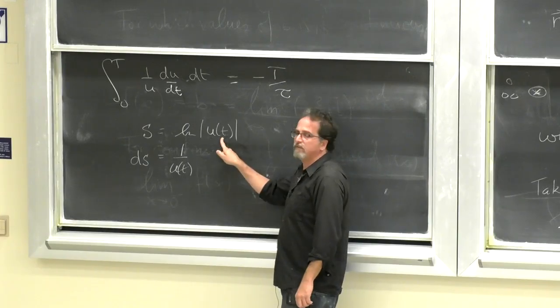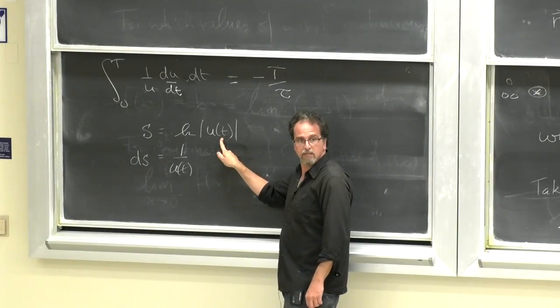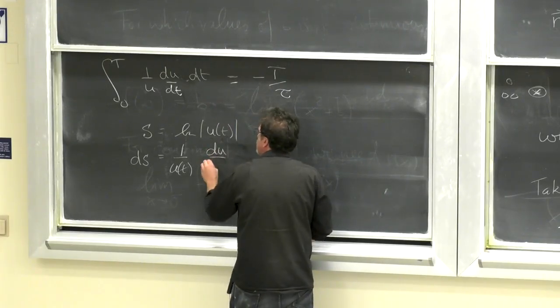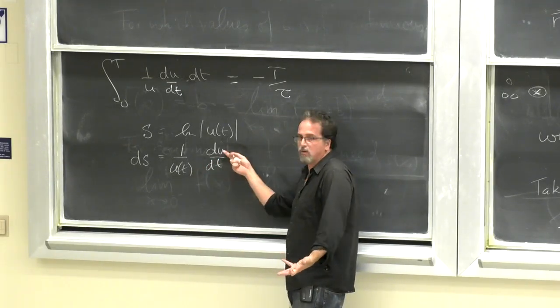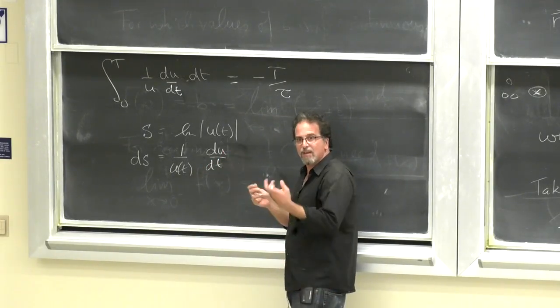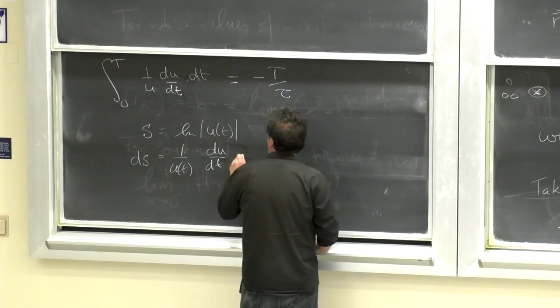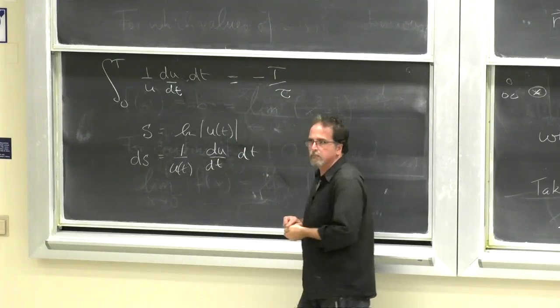Then you have to take the derivative of the inside with respect to t. Because this thing is a function of t, so it's going to be du dt. I don't know what that is, because I don't know what u of t is, and I don't know what du dt is. But I'm going to get rid of it. And then this is a differential, so you get a dt over here.